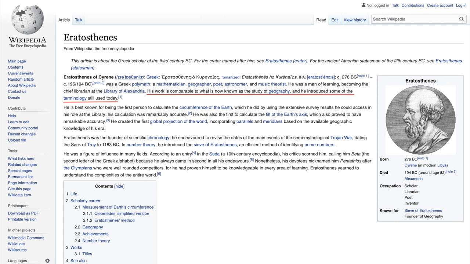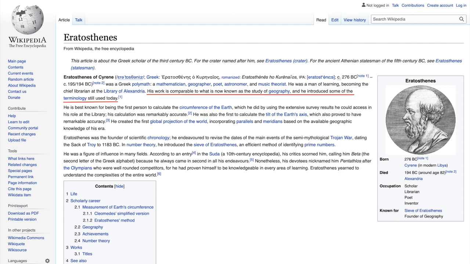He is best known for being the first person to calculate the circumference of the Earth, which he did by using the extensive survey results he could access in his role at the library. His calculation was remarkably accurate. He was also the first to calculate the tilt of the Earth's axis, which also proved to have remarkable accuracy.